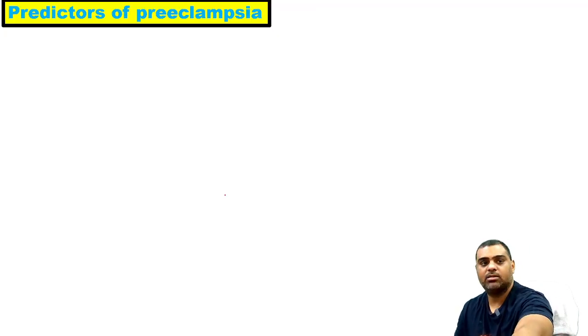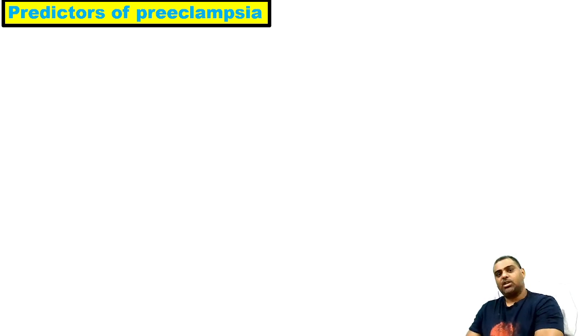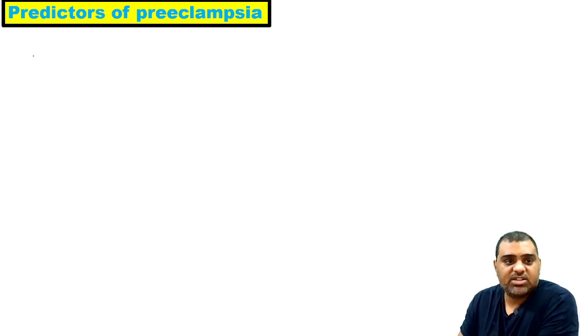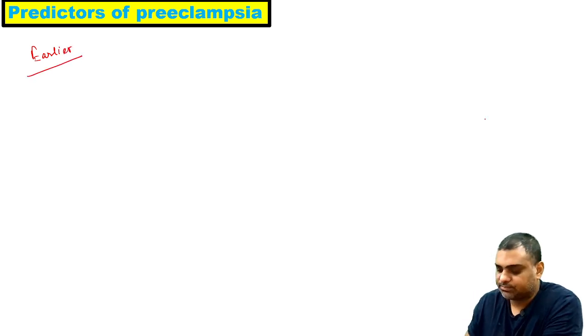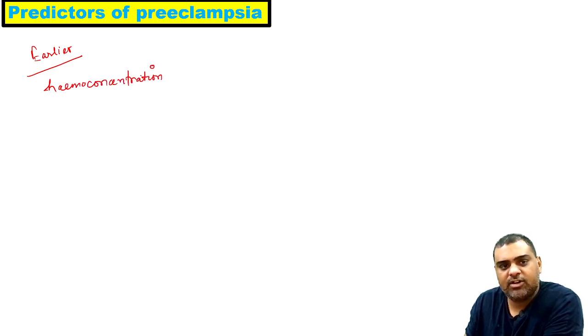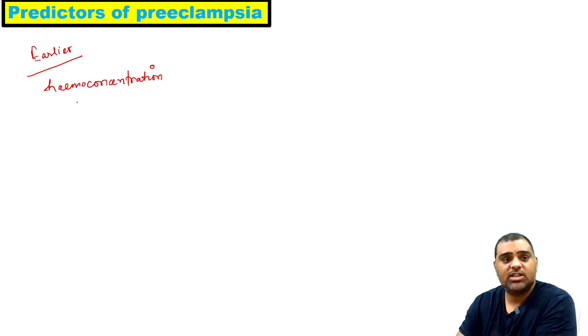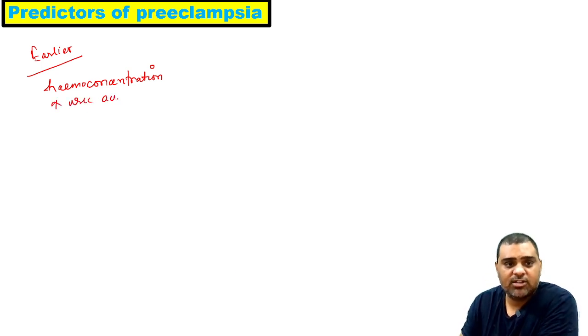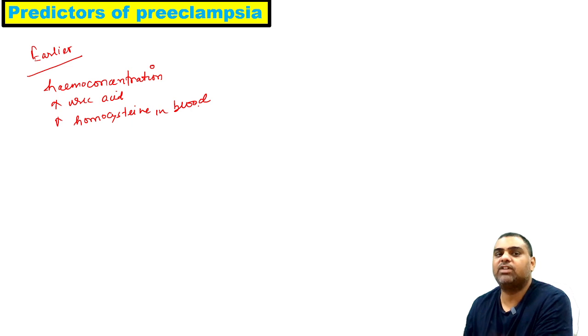Now, predictors of preeclampsia. I have told you there were some predictors used earlier. For example, hemoconcentration. If the lady had hemoconcentration, they used to say that this lady will develop preeclampsia, and I have told you the reason for this. Second, if there is increased uric acid, then they say the lady will have preeclampsia. If there is increased homocysteine in blood, then they used to say the lady will have preeclampsia.